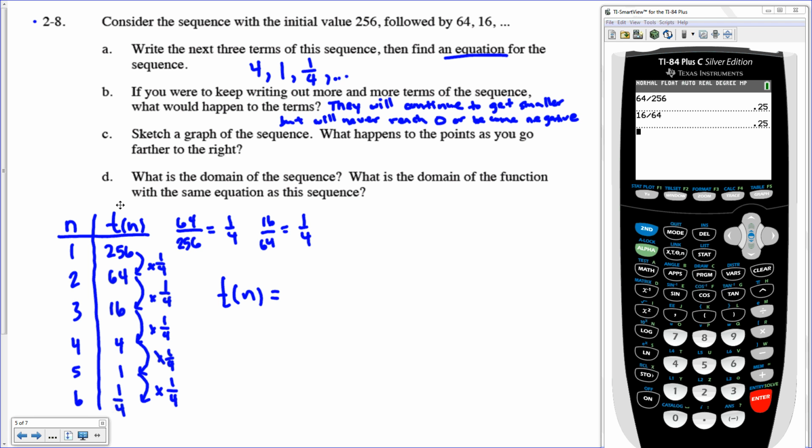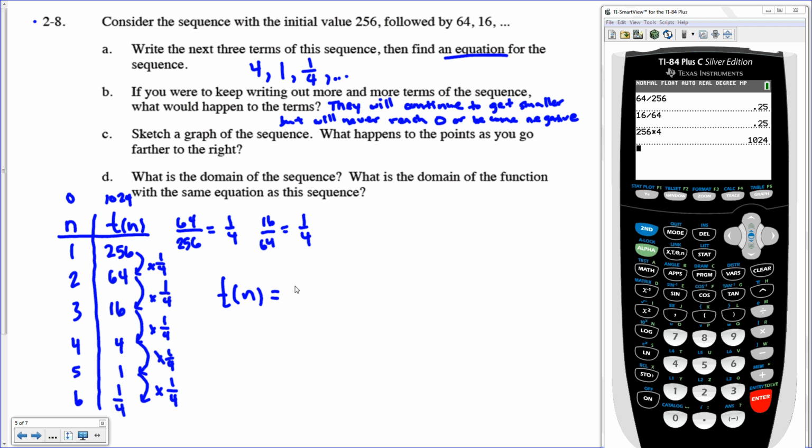Well, it's always good to look at my 0 term. So if I took 256 and went backwards here, I would have to multiply it by 4. 256 times 4 would be 1024, I do believe, and let's just double check that just to be safe. Yep, 1024.